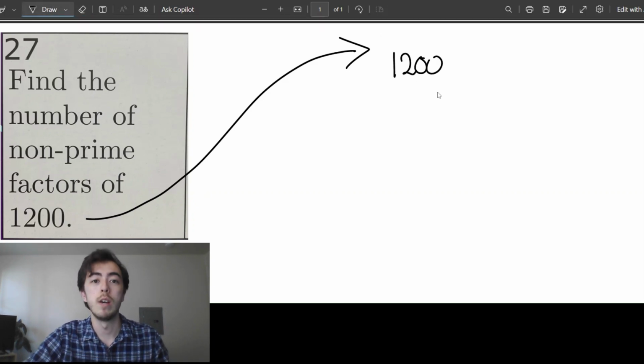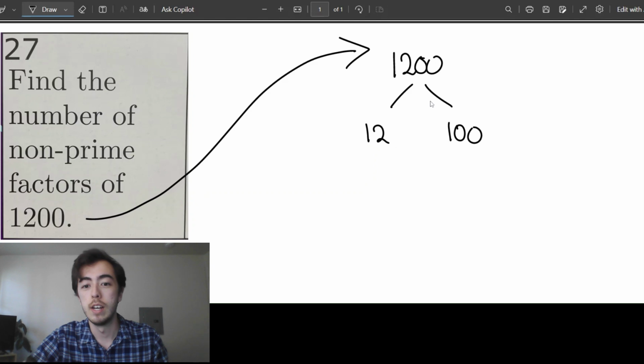So first off, when I'm trying to factor a number, I'm thinking, what times what brings me to this number. And the first split that I can see that seems pretty easy to tell is 12 times 100. That gets me back to 1200. And then I can keep splitting these numbers until I land on prime numbers. So 12 is the same thing as 4 times 3.